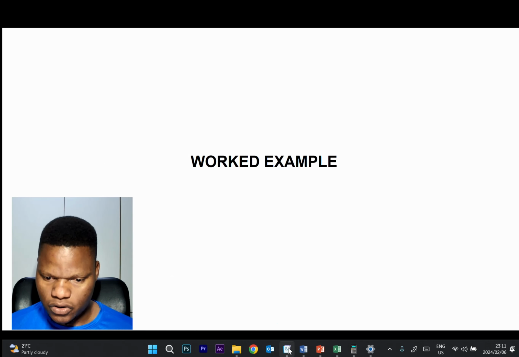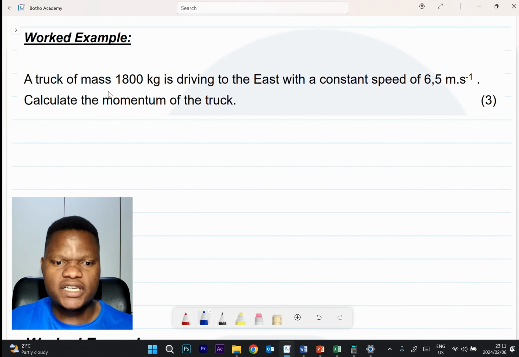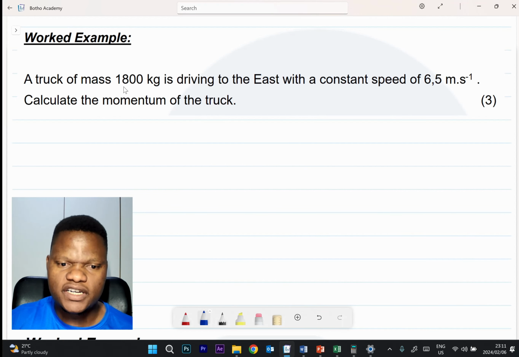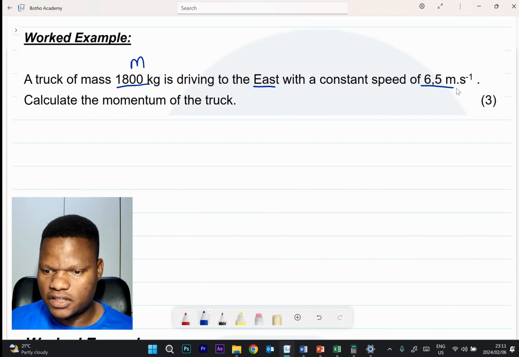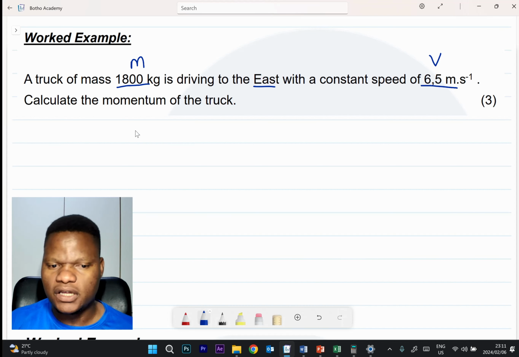In our worked example, we have a truck of mass 1,800 kilograms. Obviously this would be the mass. It's traveling to the east, and this is the direction, at a speed of 6.5 meters per second. That means that is our v. The question says calculate the momentum of the object.